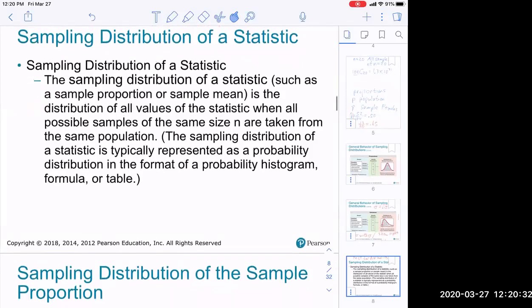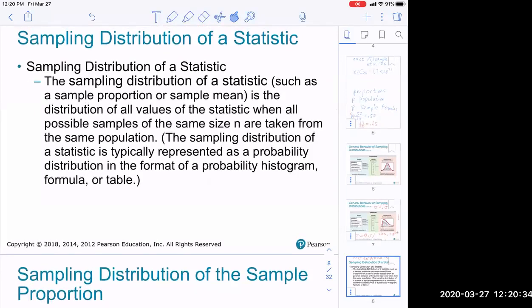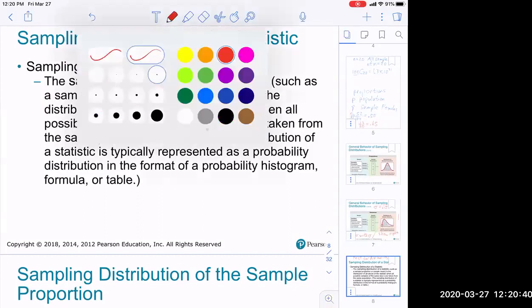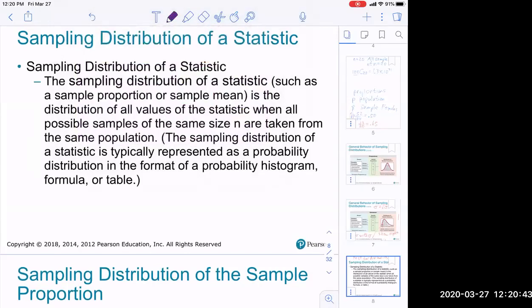So here we are, sampling distribution of a statistic. This is just kind of reviewing again. I'm going to talk about the bears. So we were looking at means, n equals 20.